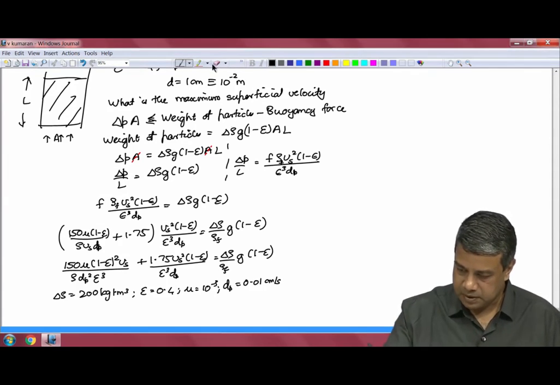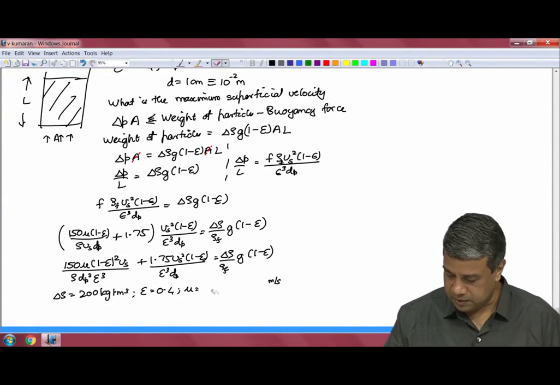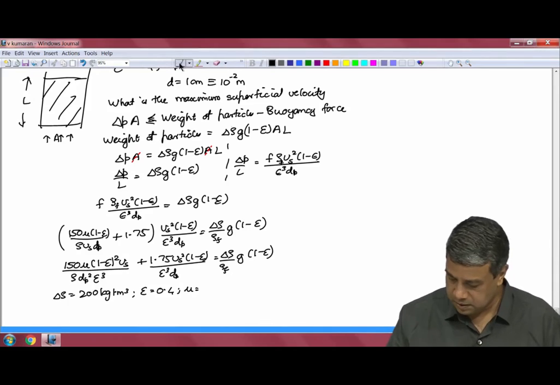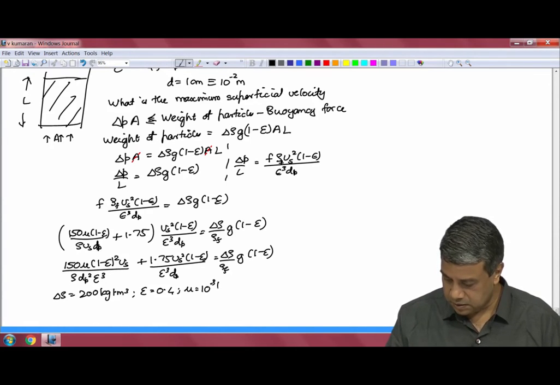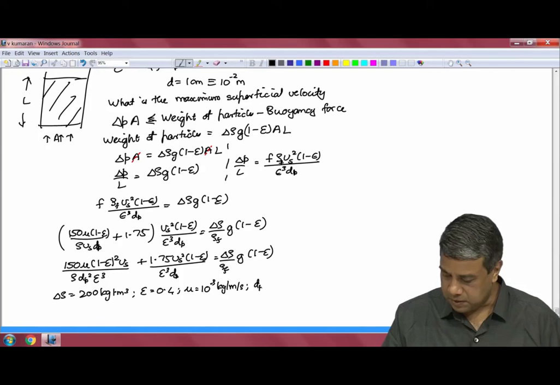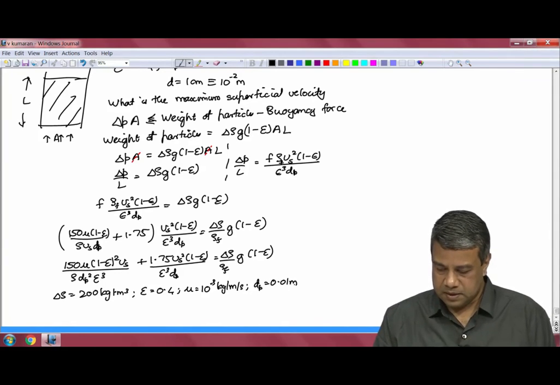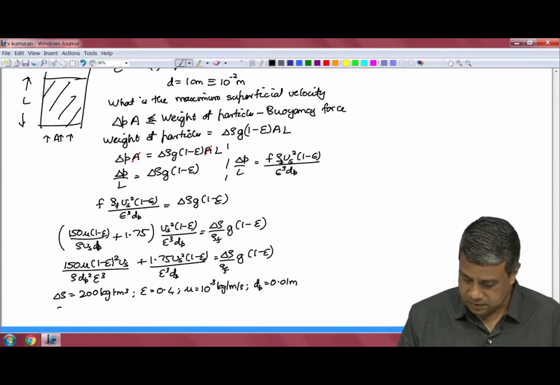I should be careful here, mu is 10 power minus 3 kg per meter per second and dP is equal to 0.01 meters. I substitute that and g is equal to 10 meters per second square.